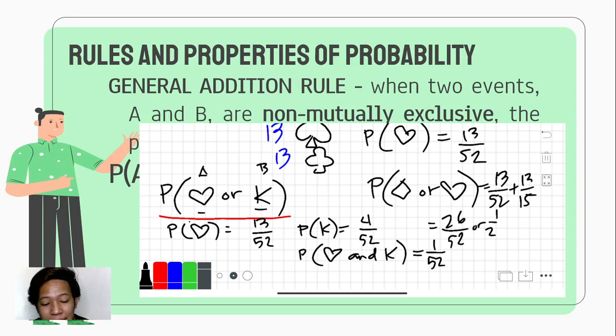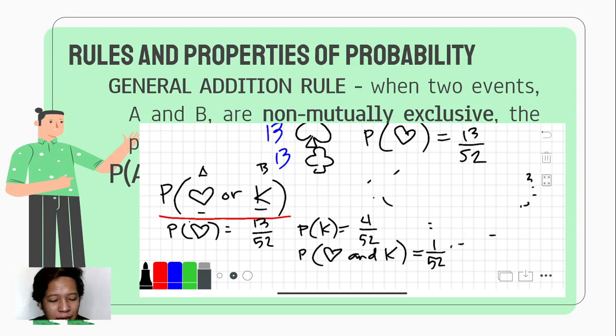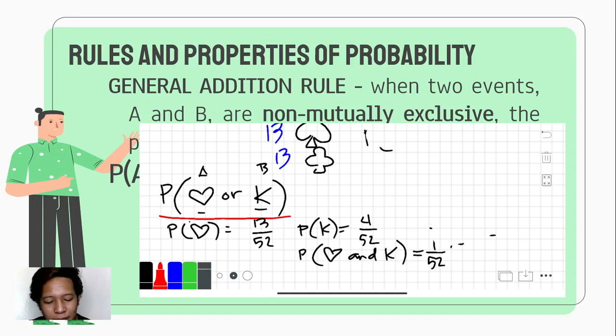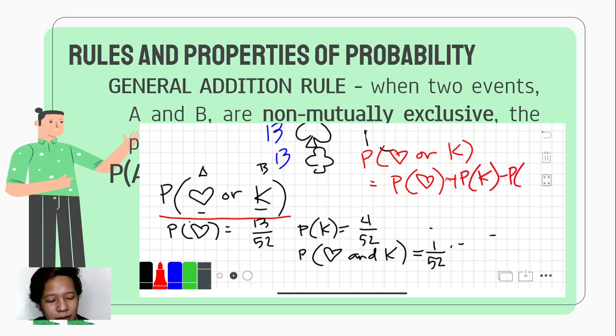So, for us to get the probability of a heart or a king, we have the probability of a heart, that is the probability of A, plus the probability of B, the probability of king, minus the probability of heart and king.